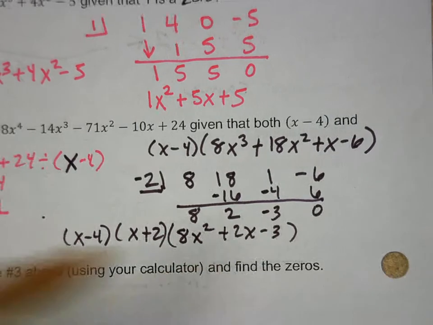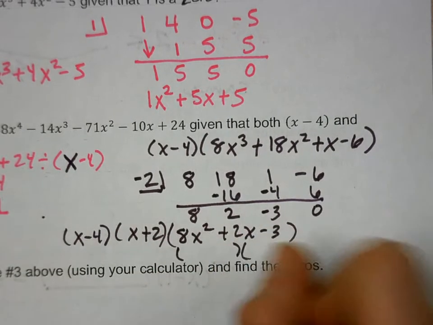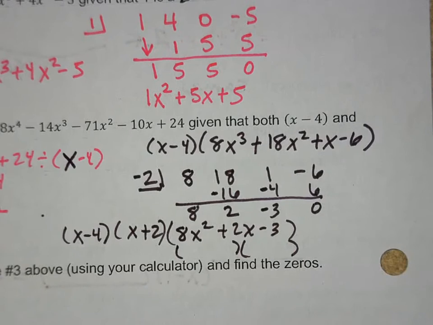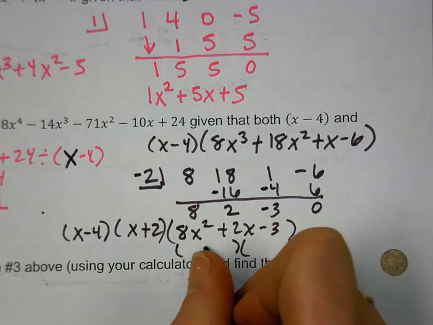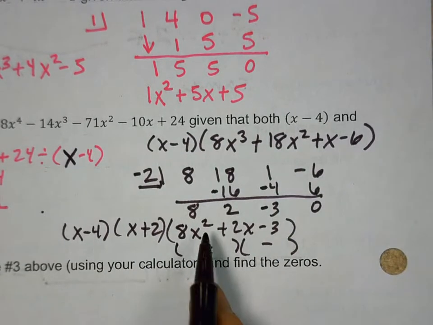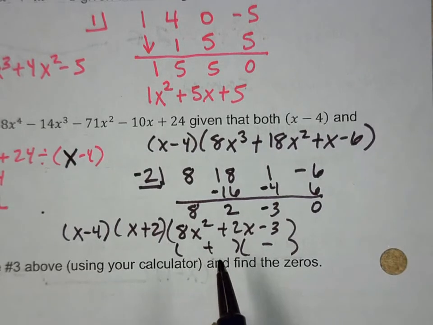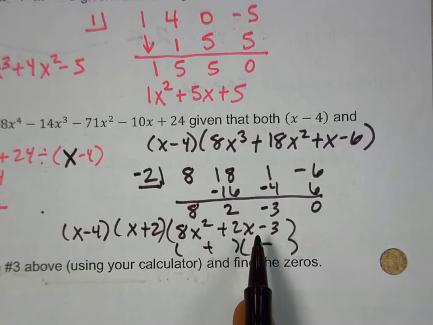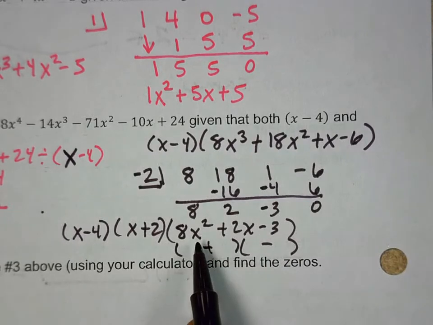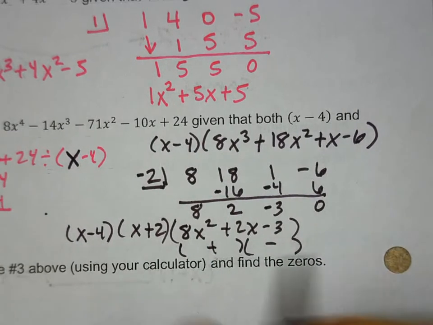Yeah, it actually can. So I want to make sure that I factor that piece down. The last term's negative. So am I going to have same signs or different? Different. One's going to be plus, one's going to be minus. What times what would give me 8x squared? 4x and 2x.